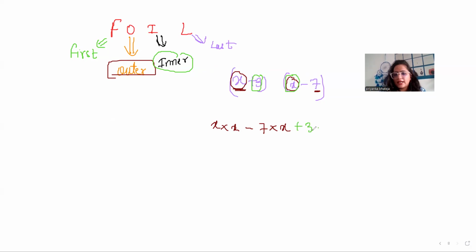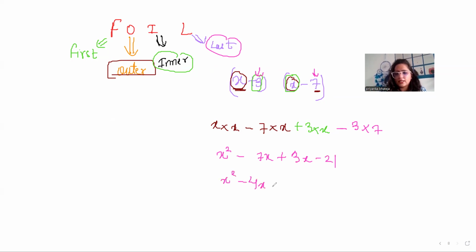So that would be 3 times x. After that, the last one. So my last is 3 and this is negative 7. So 3 times negative 7. X square negative 7x plus 3x negative 21. So x square minus 4x minus 21.